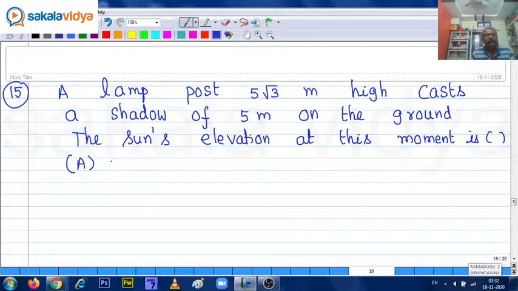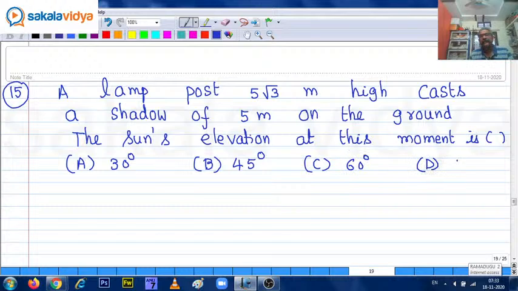A 30 degrees, B is 45 degrees, C is 60 degrees, D 90 degrees. But angle of elevation may not be 90 degrees, it will be eliminated.